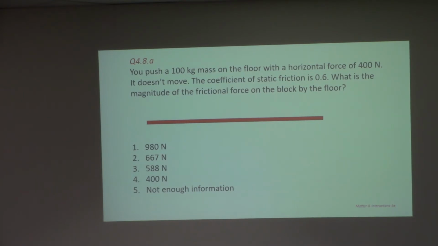This is slightly a trick question, so think about it carefully. Try the momentum principle.